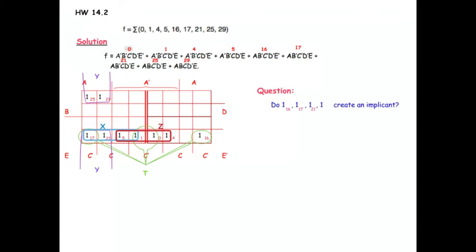Okay. So, right? And that is sort of what we just talked about. So it was a great question. So do 16, 17, 21, and 5 create an implicant? Well, we try to express the implicant with variables. It's exactly what they just said, what we're putting on the slide.